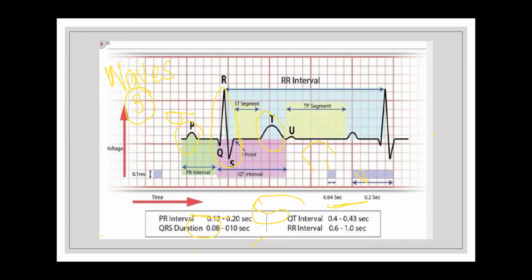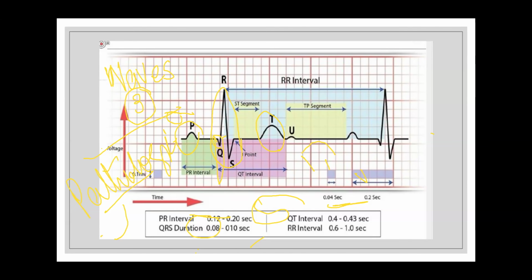Other than these three, you may have other waves as well, which we call pathological waves. Pathological waves like delta waves, like the Q wave, a deep Q wave. Sometimes you have just a small one, sometimes you have very deep Q waves. You may have J waves as well. So these are the other waves; they show pathology.